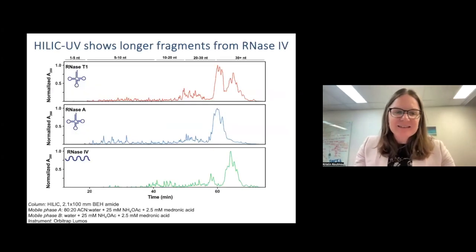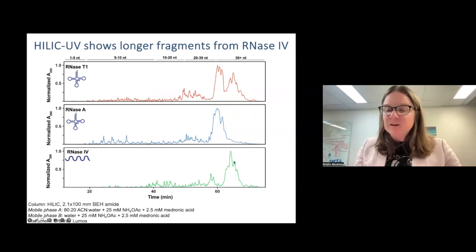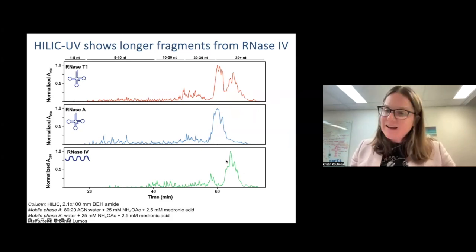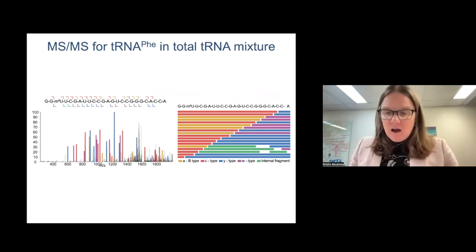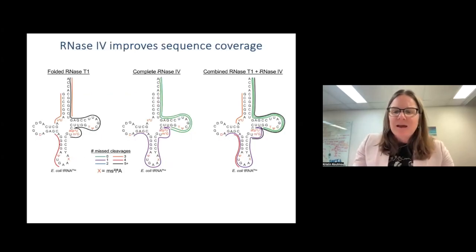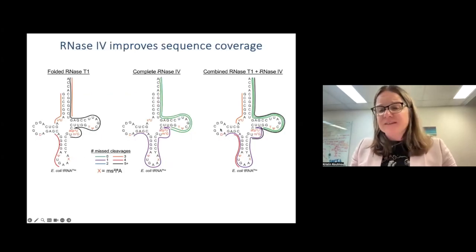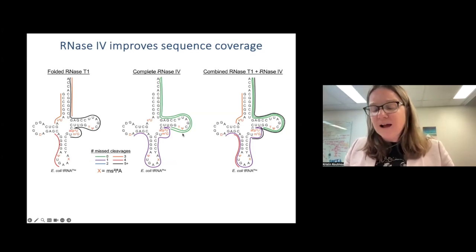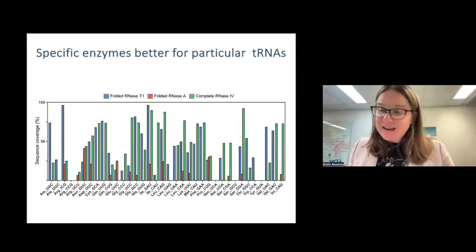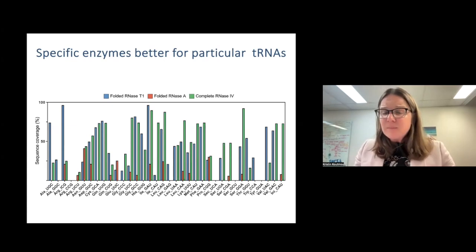As she's done this, she was able to, again, get a different distribution of oligonucleotides, as you can see here by the LC, for which she could then sequence directly on the Orbitrap again. And combining all of these different digestions, she was able to greatly improve E. coli tRNA sequencing as well, where now we're getting between 70 and 100% coverage on most tRNAs in a single experiment.